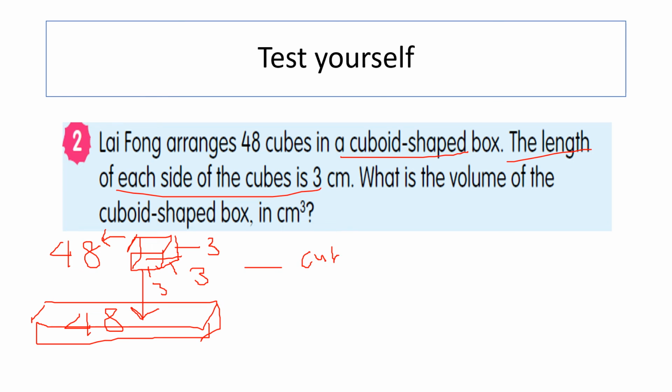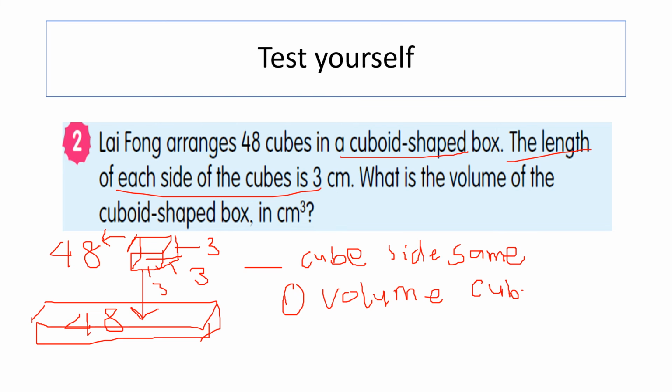Because a cube is also like a square, all its sides are the same. If you look at a cube, it is like a dice, all the same shape. So when we know this is 3, this is 3, this is 3, first thing first, you need to find the volume of one cube. So we multiply 3 times 3 times 3, which is 3 times 3 equals 9, and 9 times 3 is equal to 27 cm cube.